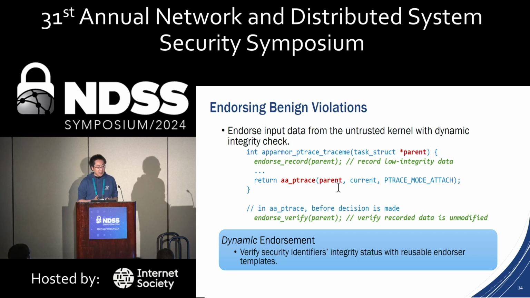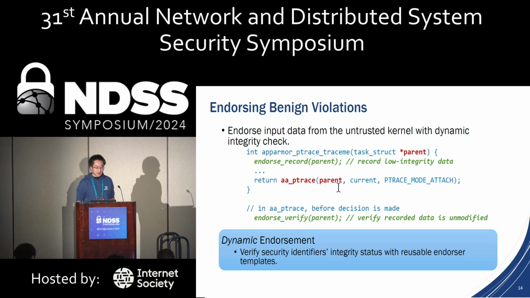At the beginning of a hook function, we record the input's security invariants incurring integrity violations. By the time an authorization decision is made, a verify function compares the current value and previously recorded value of data objects. If a discrepancy is found in this process, a tampering must have happened.